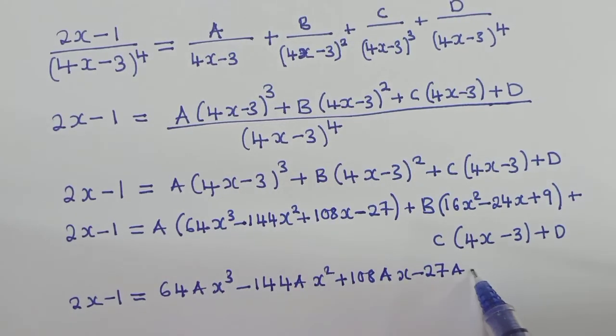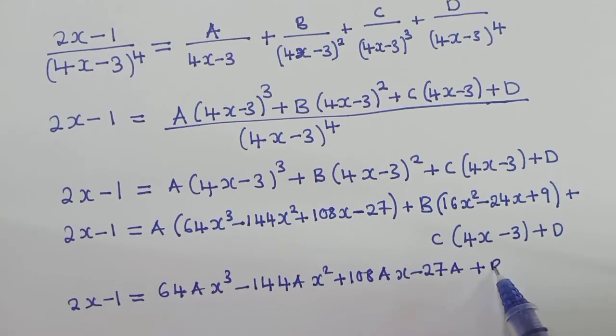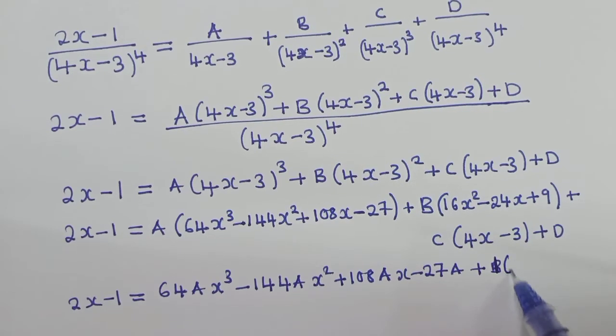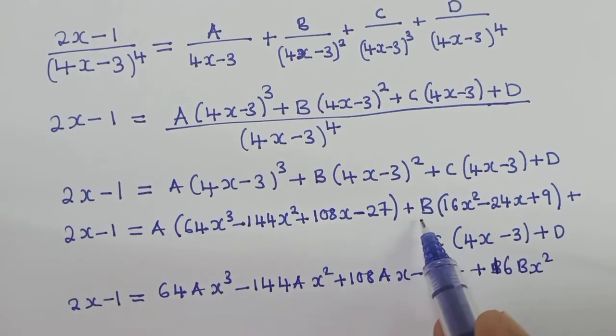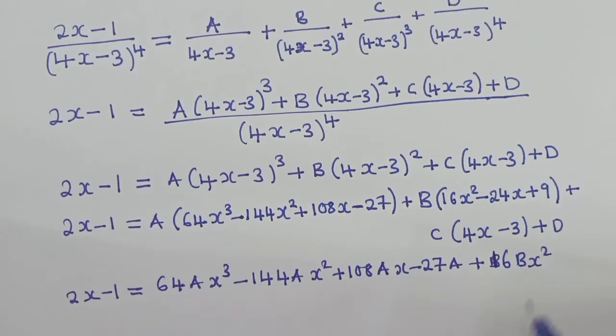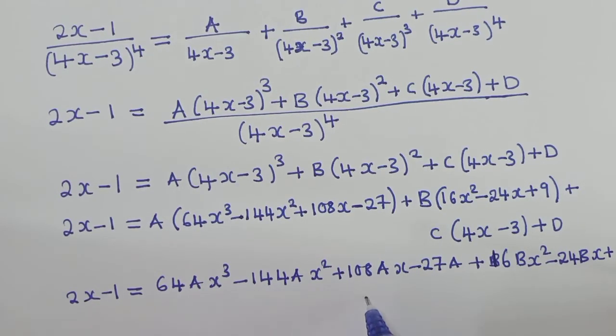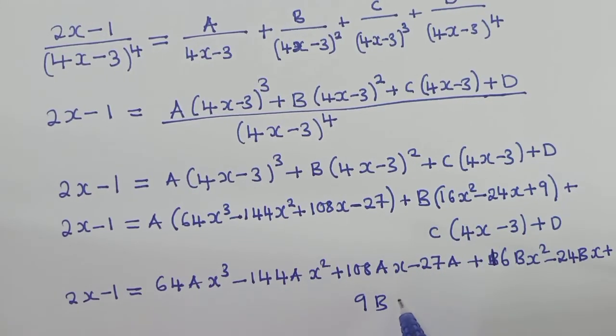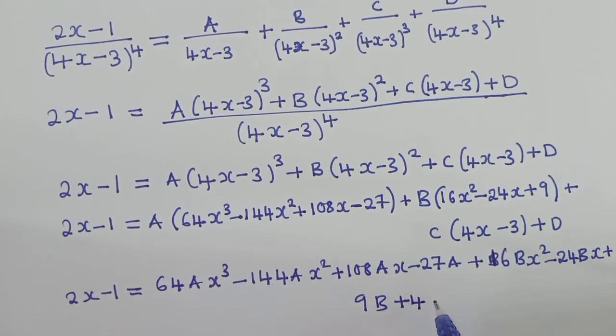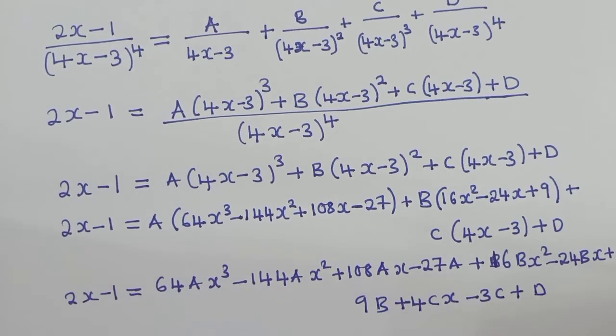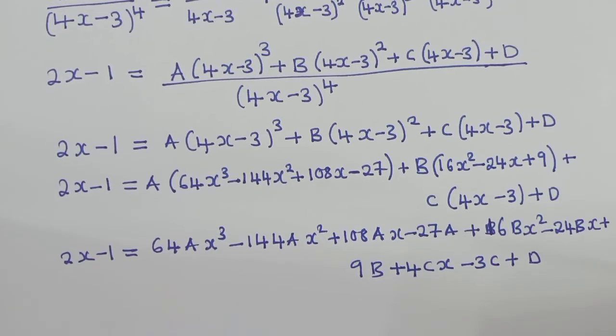Next, it will be this right here, B. Actually, we'll start with 16Bx squared. I'm distributing this B, minus 24Bx plus 9B. I'm done with this B. I've come to C, plus 4Cx minus 3C plus D. There, okay? So we are at this point.